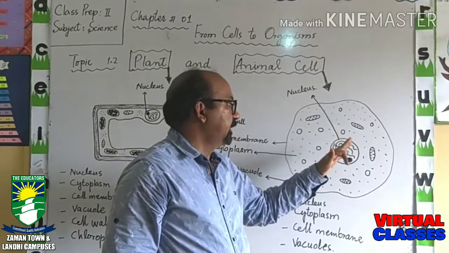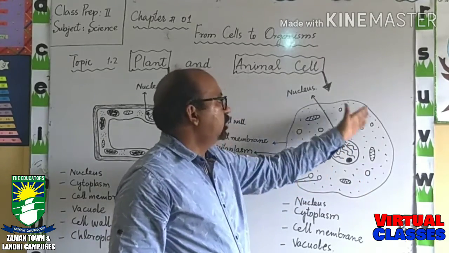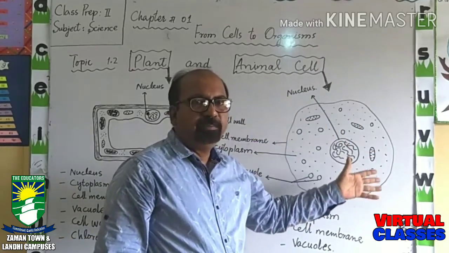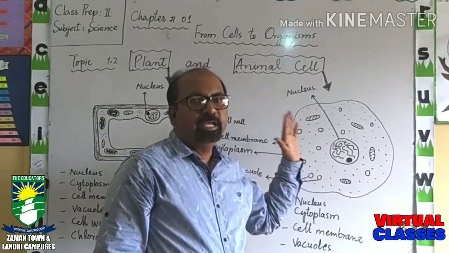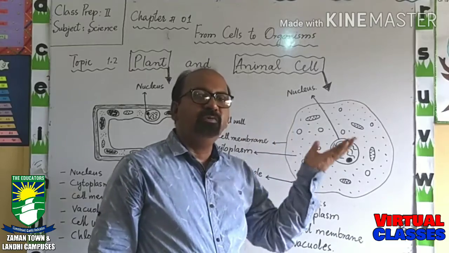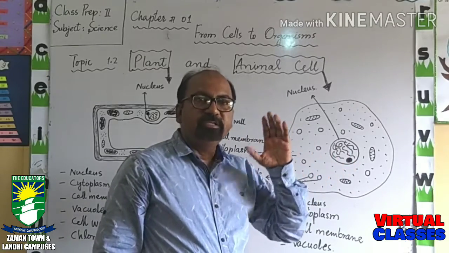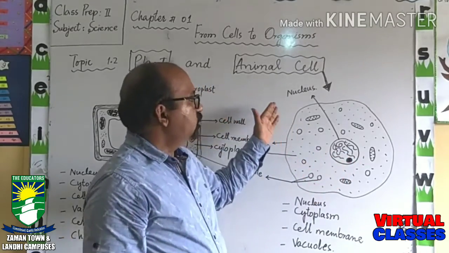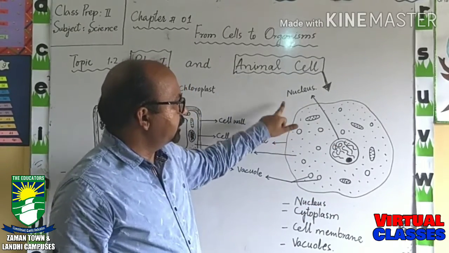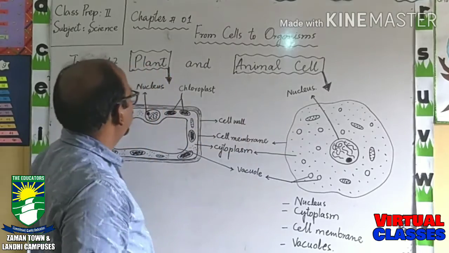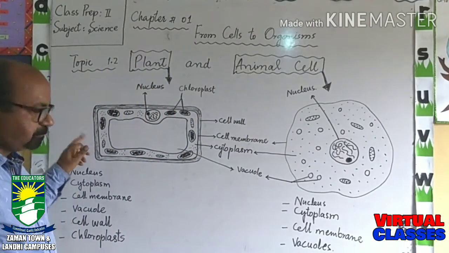In this picture it is almost in a round shape, but it is not necessary that all plant cells have the same shape. They are in different shapes and different sizes. Okay? So here in this picture, this is the animal cell and this one is a plant cell.